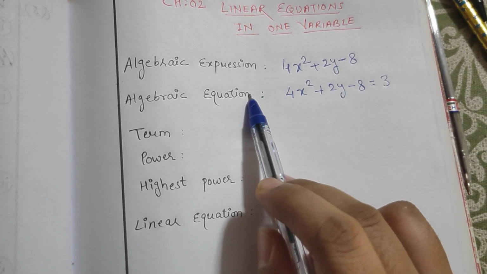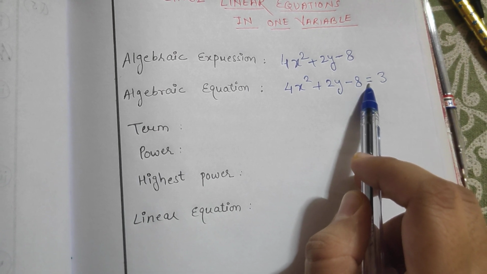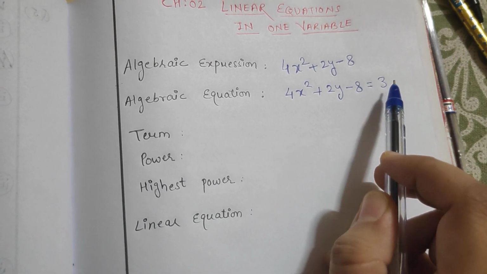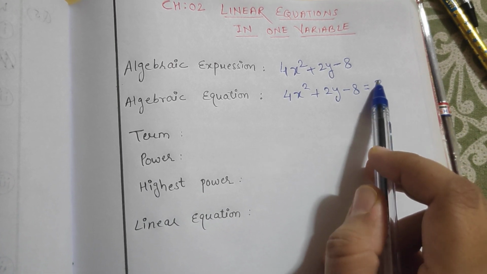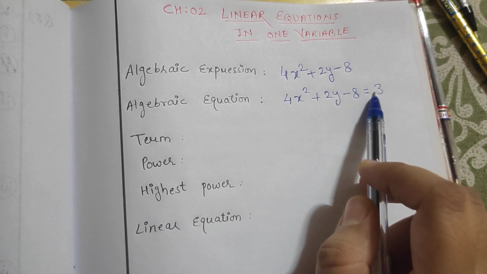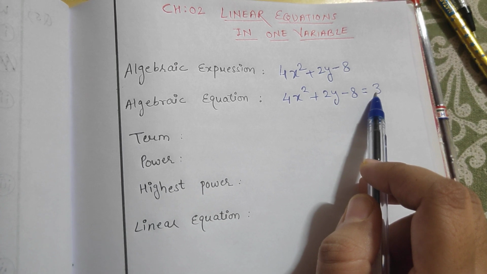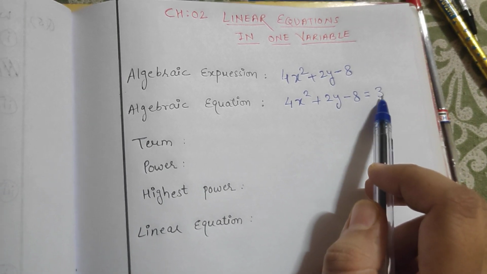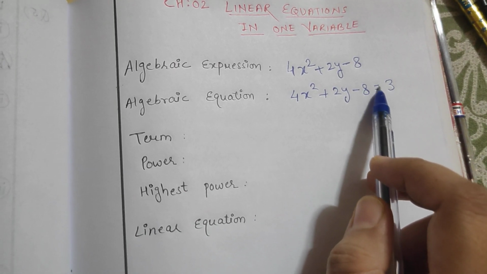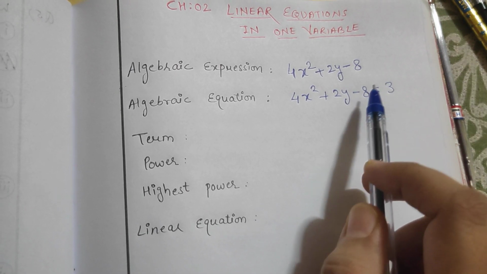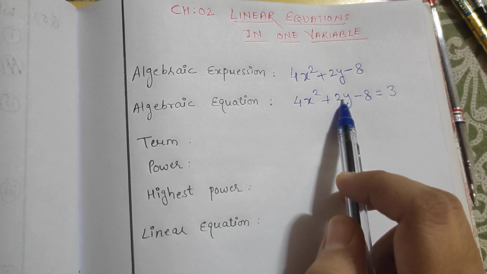So in case of an equation, you will find that there is a sign of is equal to. On the other side, it may be an algebraic expression or a constant, or it may be 0. It is not compulsory to have a non-zero value, but there is something there, and if 0 is there, then also it is an equation. So whenever you see this sign of is equal to, it means this is nothing but an algebraic equation.